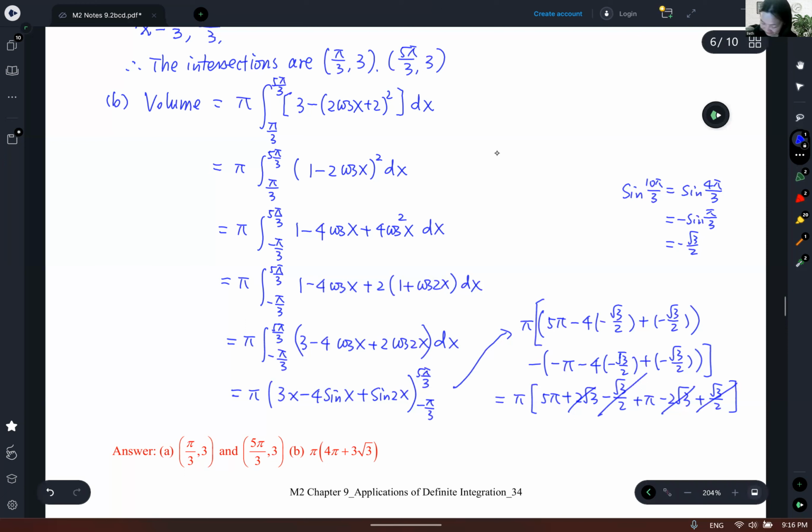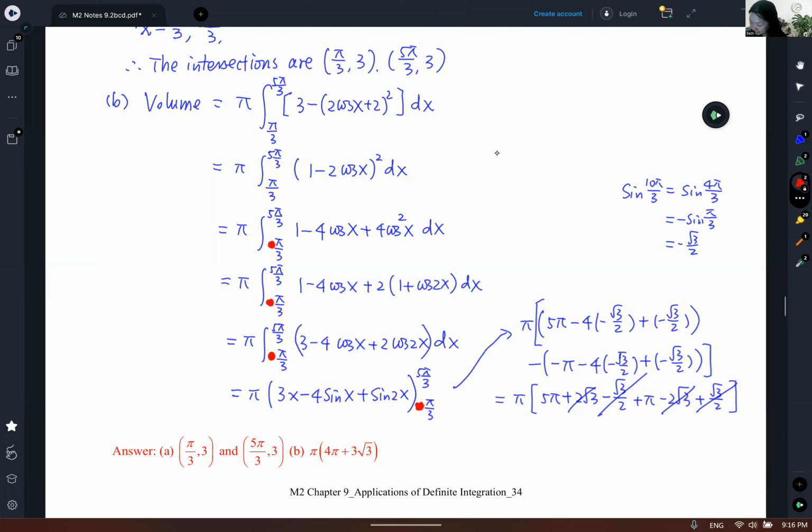I don't know why, it's all positive. Why is it negative? Then that is positive, over 3. Right?